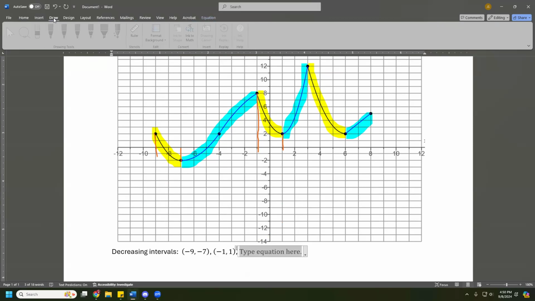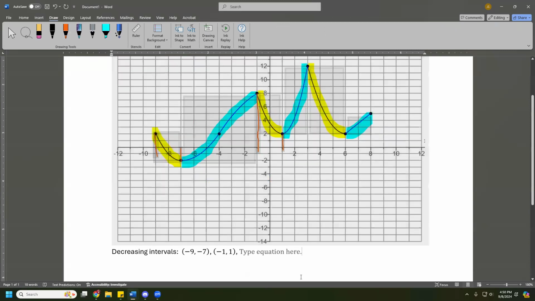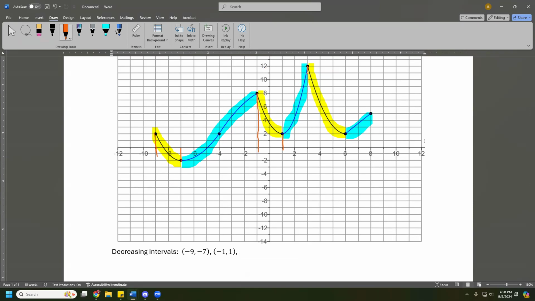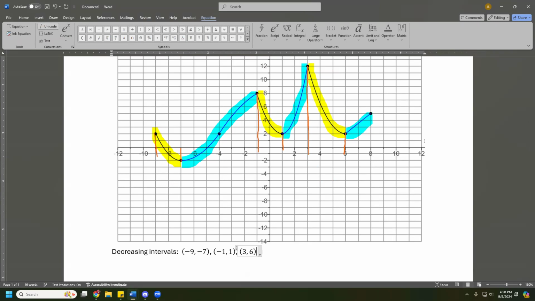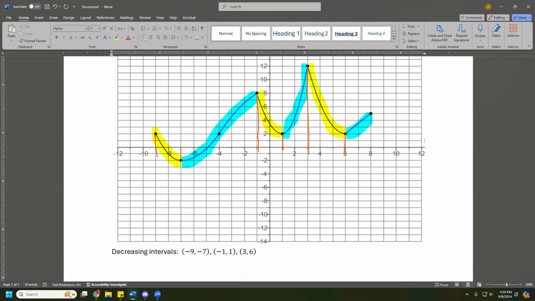And finally, I have one more chunk of yellow, which is right over here. It starts at 3 and it ends at 6. So I'm going to list my interval as 3 to 6. Remember, it is not brackets because at the point 3 and at the point 6, it's not doing either of those things. It's not increasing and it's not decreasing.